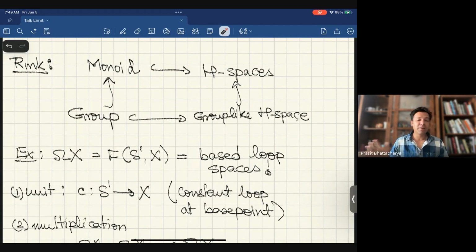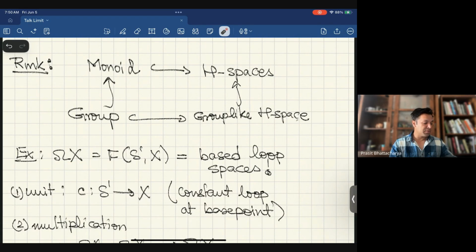Okay, so let's look at an example of an H space, which is not a strict monoid. For instance, the loop space or based loop space.